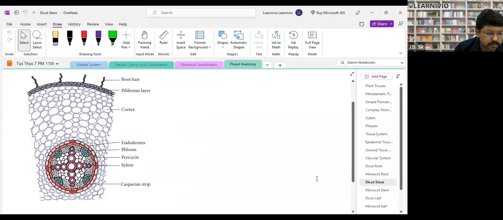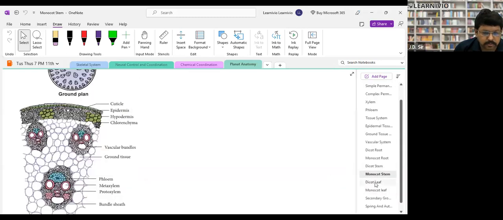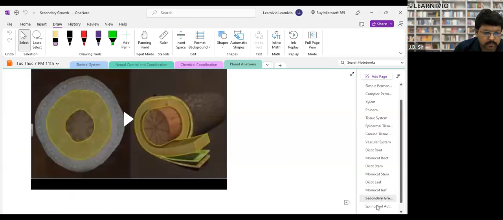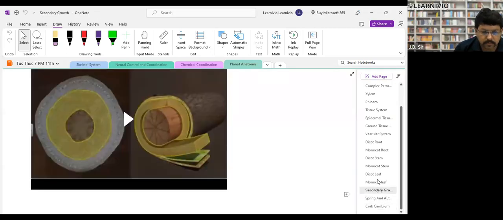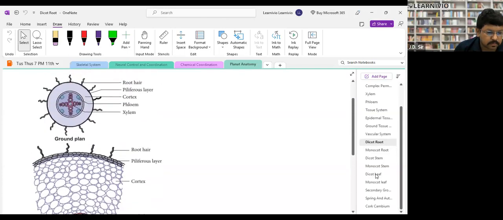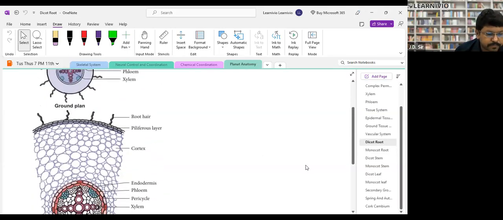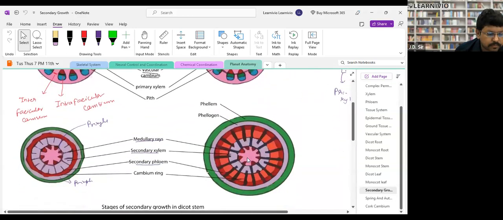Dicot stem. Look, here you can see there is secondary phloem and secondary xylem.